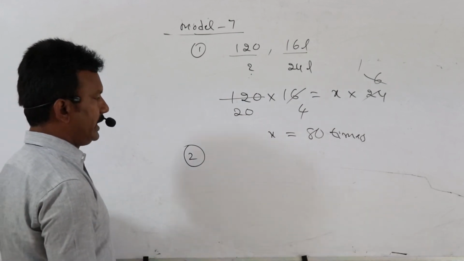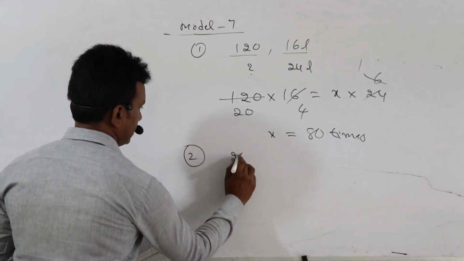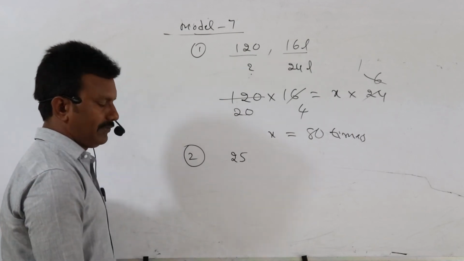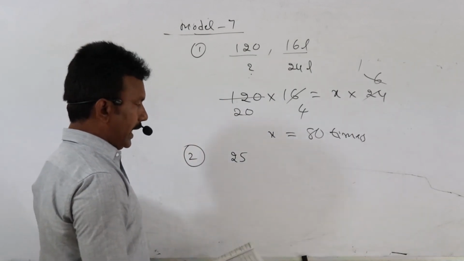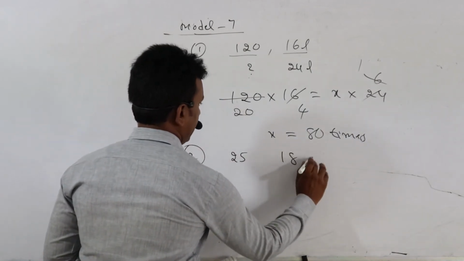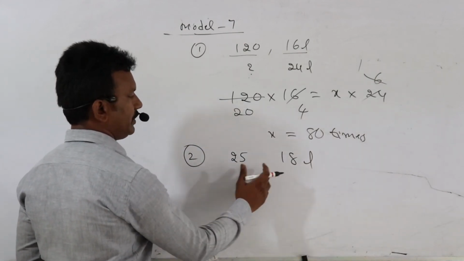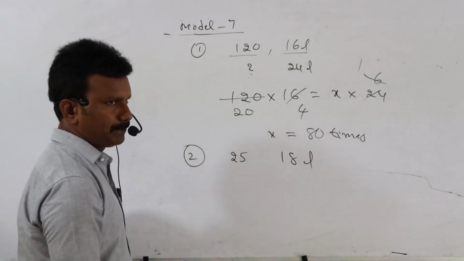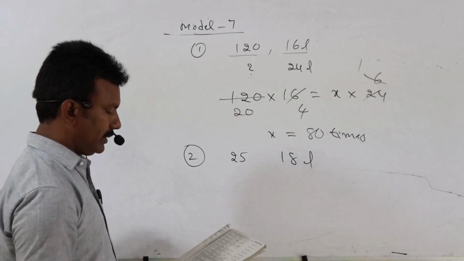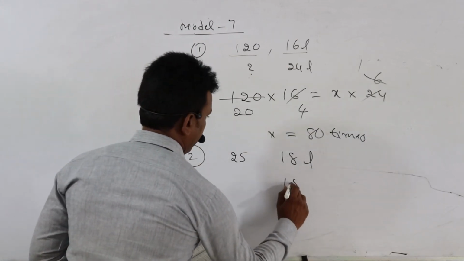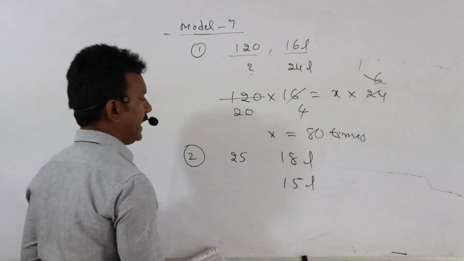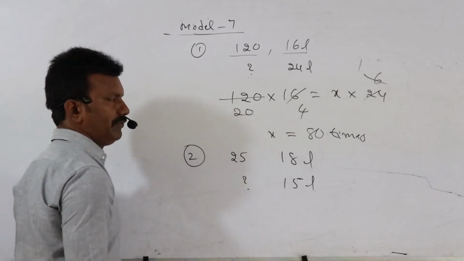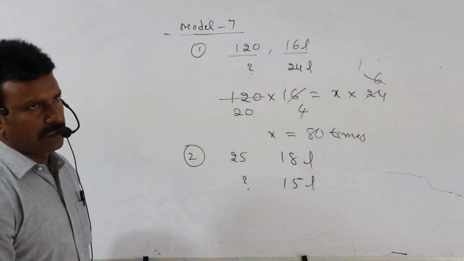25 turns of a bucket of 18 liters capacity are used to fill a tank. With a 15-liter capacity bucket, how many times will be required to fill the tank? So this is our problem.